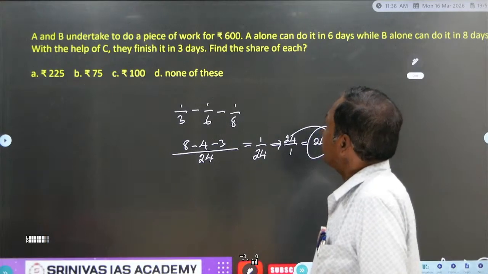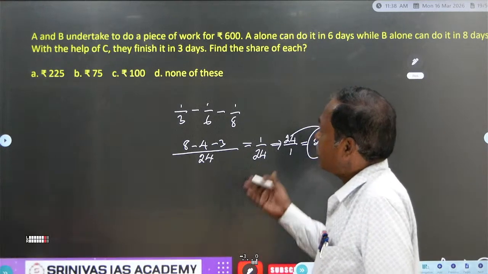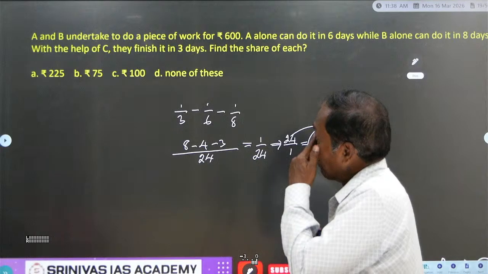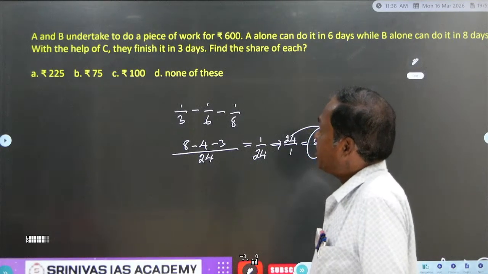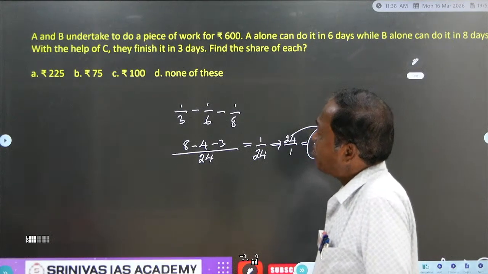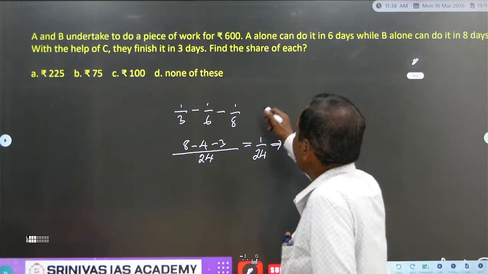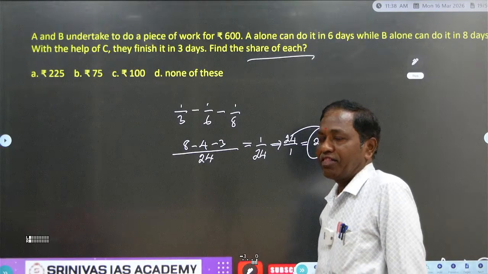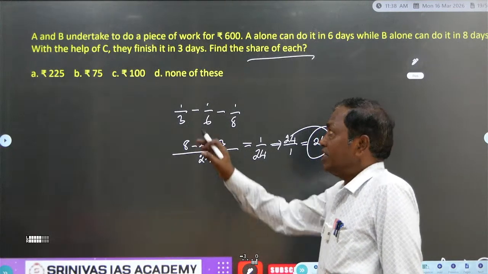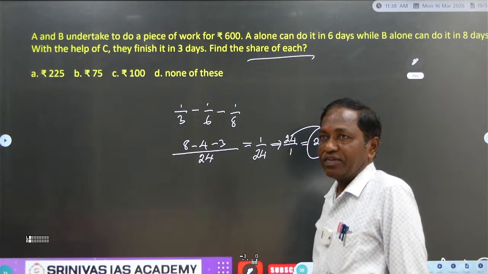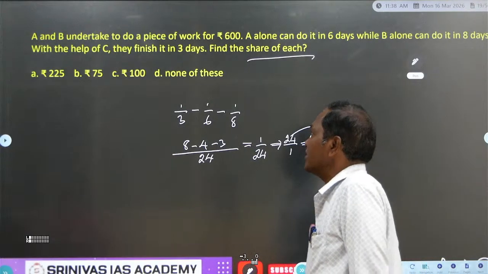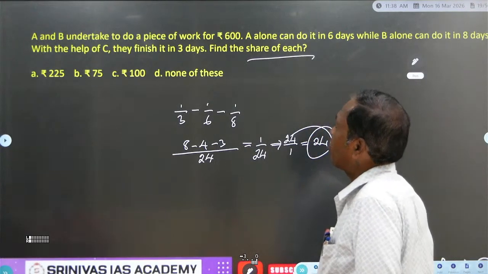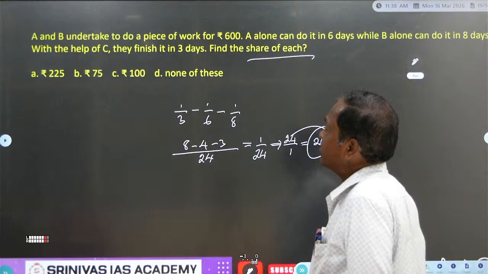Find the share of each means 3 options are required actually. A and B, 75, sir, but I don't know. No, that's okay, but see, find the share of each means 3 amounts are required here. There is only one option there. There must be some error in the question.